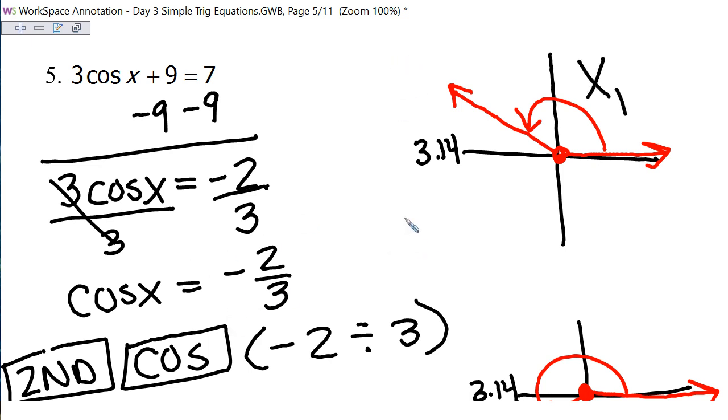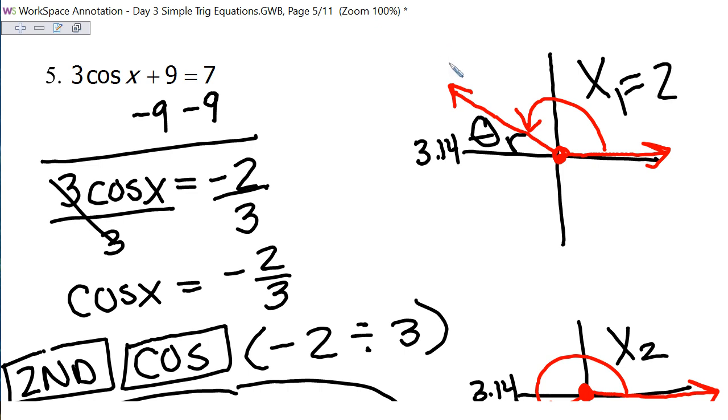So here is x1, so we need to solve for x2. So we need to figure out what this entire angle is. Well, it's going to be pi plus this little extra. So we need to figure out what this reference angle is. Well, it's going to be the same reference angle that was on the previous angle. So if this entire angle is 2.301, how could I figure out the value of this reference angle right here?